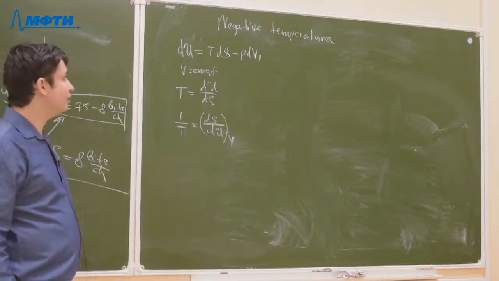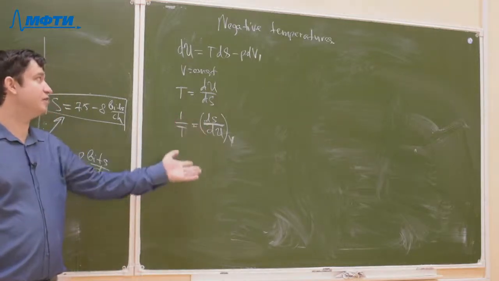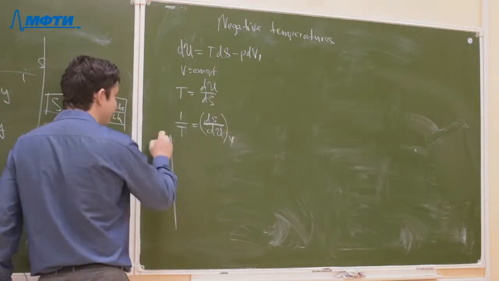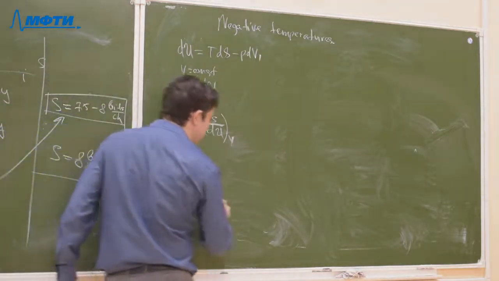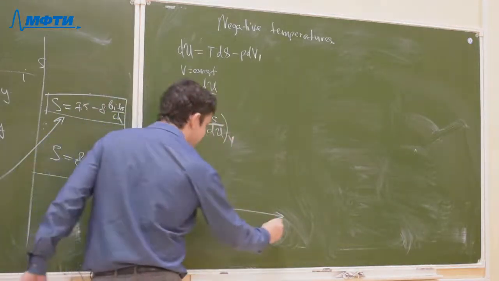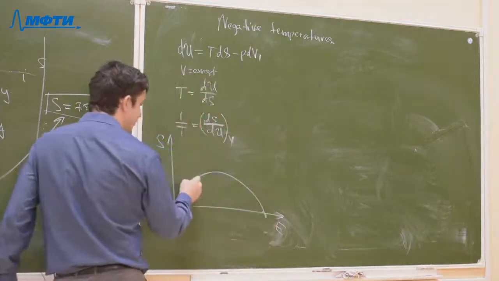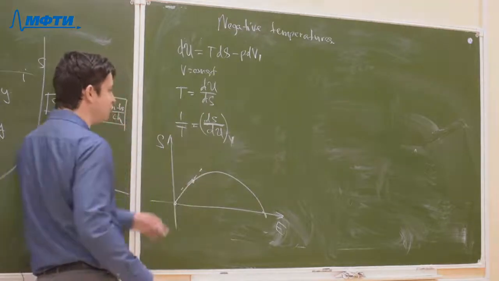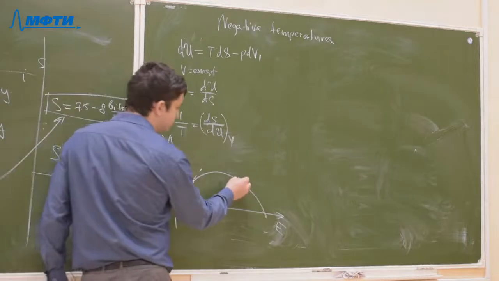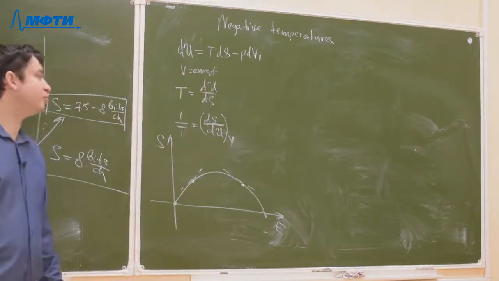And actually, there is no reason why this quantity cannot take negative values. So let's say we have a certain system in which entropy depends as follows as a function of energy, then here we would have a positive derivative and positive temperature, but here this derivative will become negative and the temperature will be negative too.